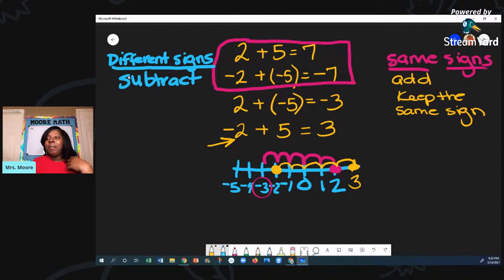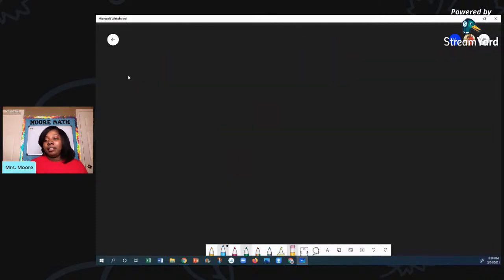That's how we got 3 for this one, and this is how we got -3 for that one. So when I add a negative number to something, I'm pulling it in the negative direction to the left. And when I add a positive number, I'm pulling it to the right. So that's adding and subtracting.